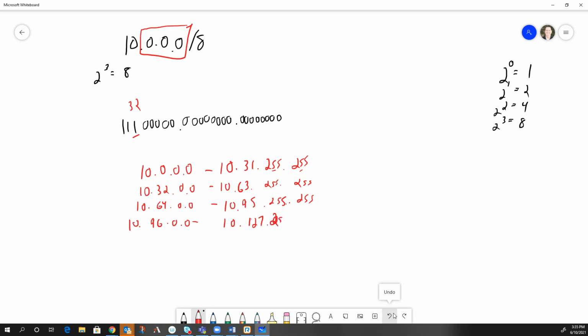Because we borrowed nothing from the 3rd and 4th octet, they stay unchanged. They just roll their entire possible permutations, which is 0 to 255 for any octet.